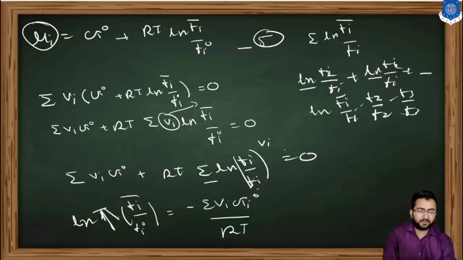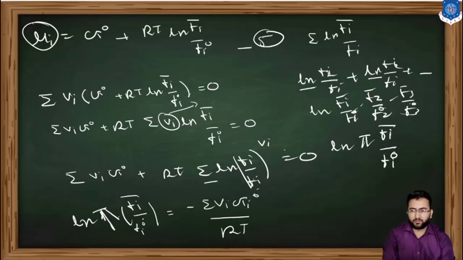Here there is a bar, and here there will be the standard state. So for this I can write ln pi of Fi bar upon Fi naught. That's why I write capital pi instead of this sigma.